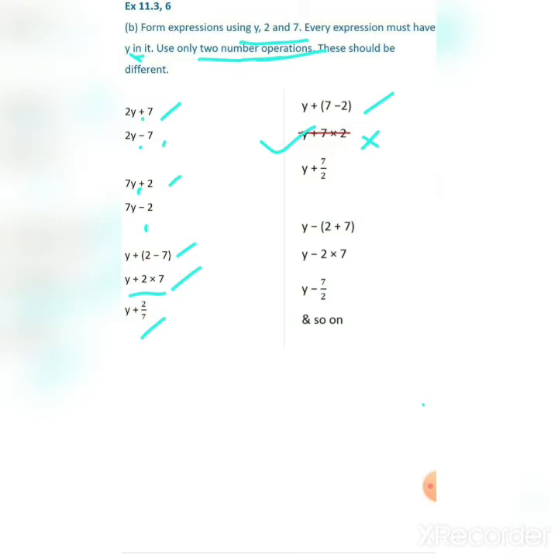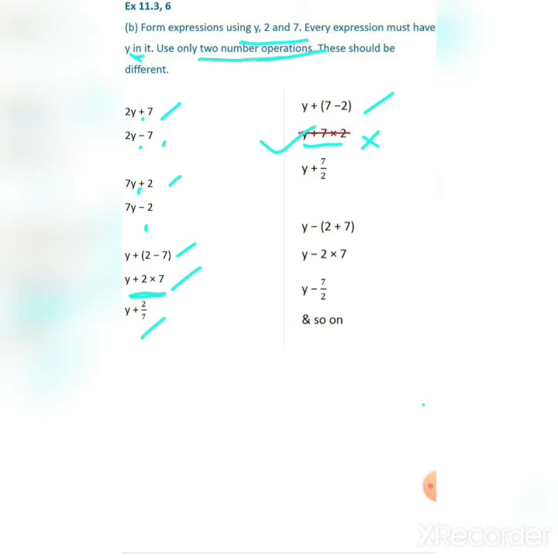So we will be getting the same answer. That's why this is similar to this one. That's why we cannot write it again, because it was said we have to write all the expressions one time only. It should not be repeating.